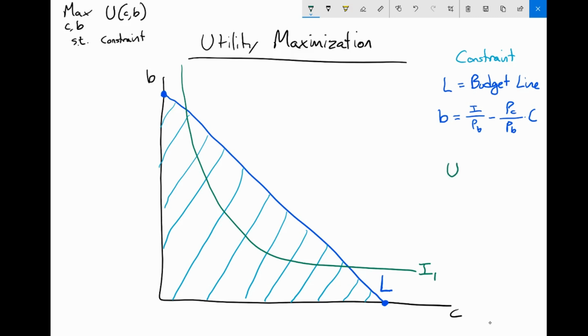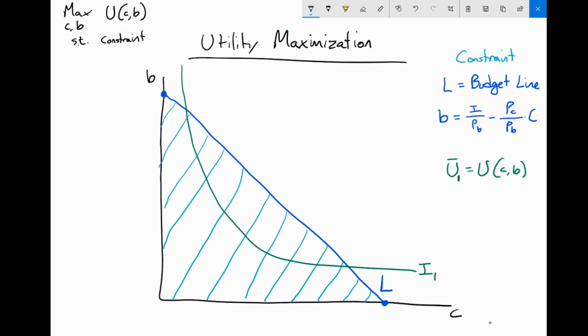So if you remember, we can represent it like this. So this indifference curve is all the possible combinations of coffee and bagels that allow the agent to achieve the level of utility U bar 1. So the agent gets the same amount of utility from every possible combination of bagels and coffee that lie on this line.